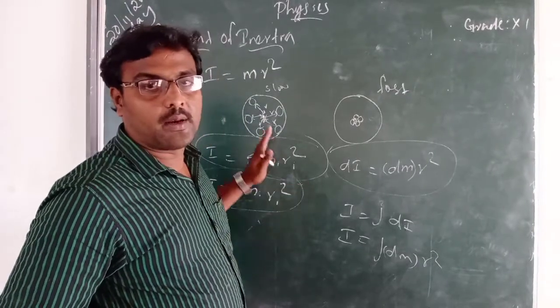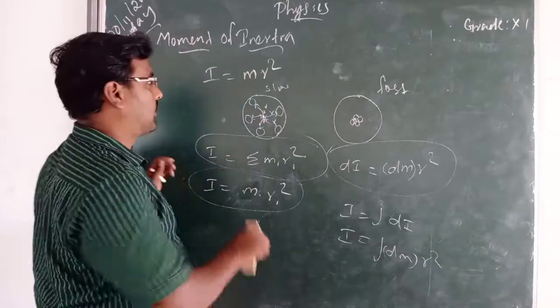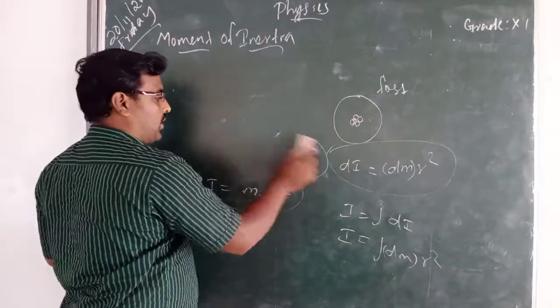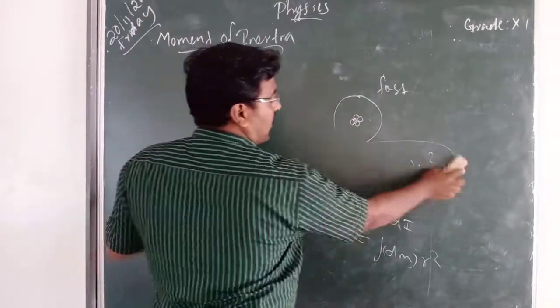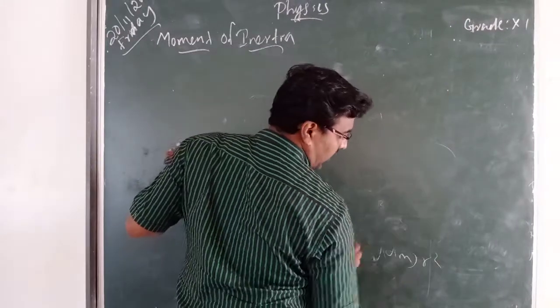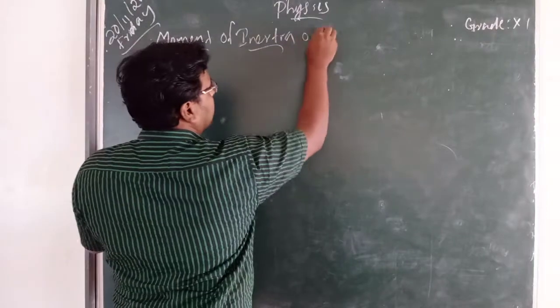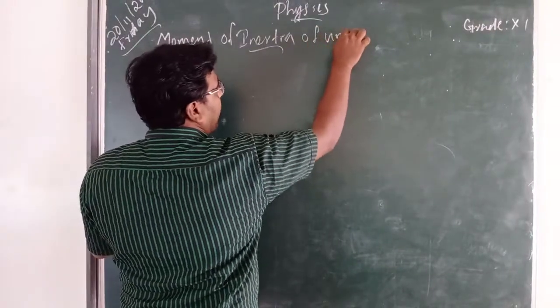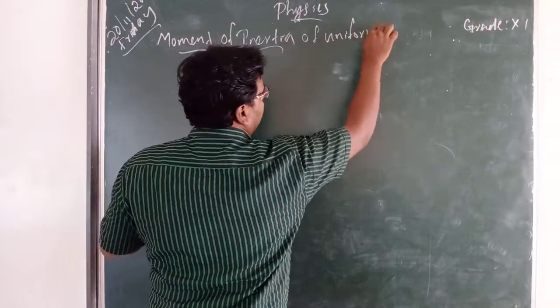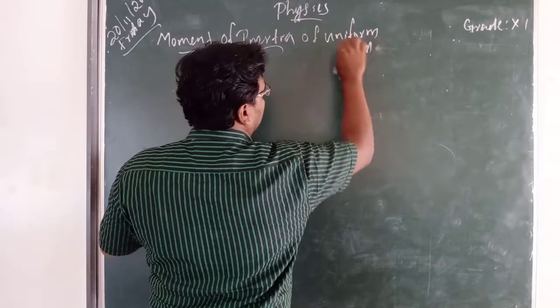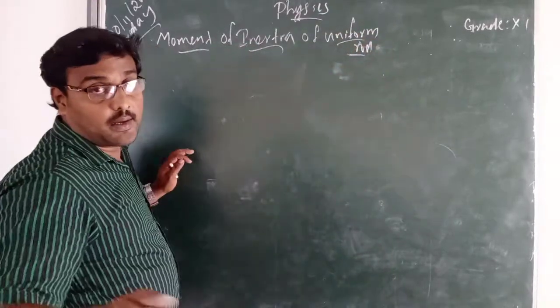Now we can go through the first question: moment of inertia of a uniform rod. You can see the textbook diagram.